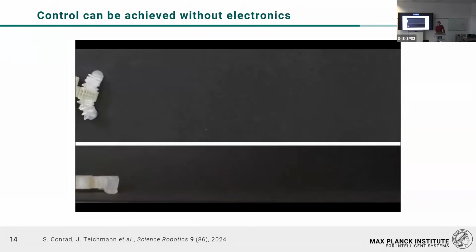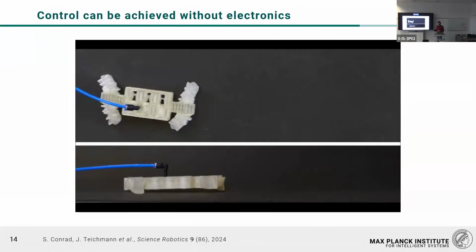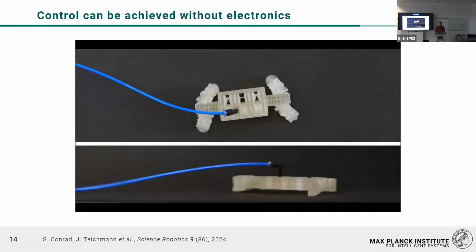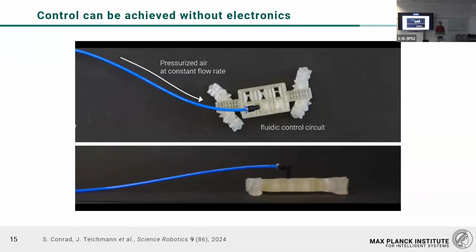Let me show a different example. Here we have a structure that is rolling on this surface. This structure is also completely soft. It does not have any electronics embedded, and all the control happens within this soft structure using instabilities and different geometries.